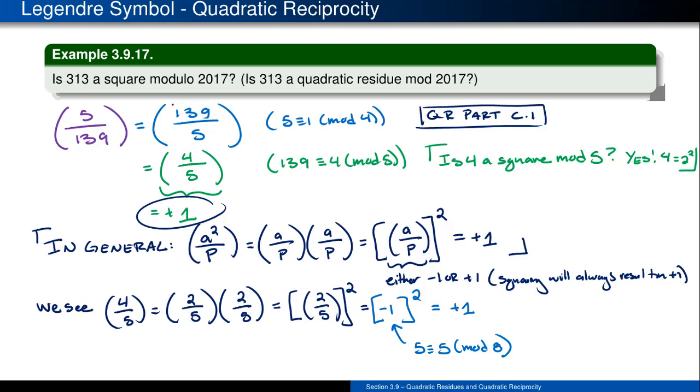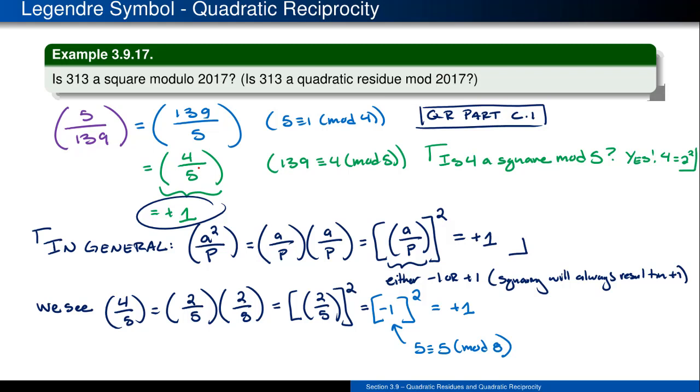So if I take 139 and do the reduction modulo 5, it actually returns a 4. Step back and think about what that is actually asking me. It's asking me, is 4 a perfect square modulo 5? And the answer is yes, because I know that 2 squared is a 4 in the real number world. Therefore, 2 squared is for sure still going to be a 4 modulo 5.